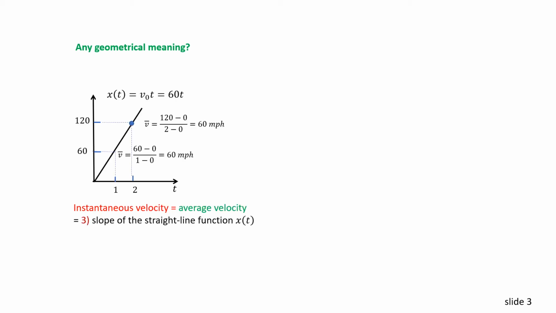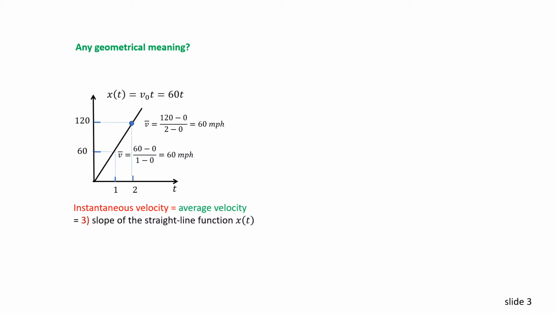Oh yeah, recall that from geometry, for example, shapes can be used to let us understand something better. So are there any geometric meaning behind derivatives that could show us this in an easier way? Fortunately, there is. So let's look at this simple car example first. Here, the average and instantaneous velocity, aka derivative, are all equal.